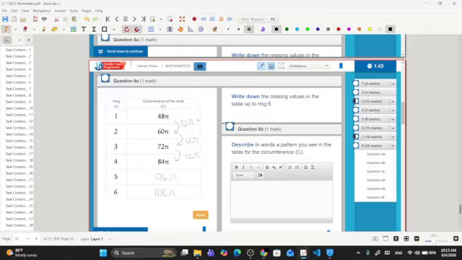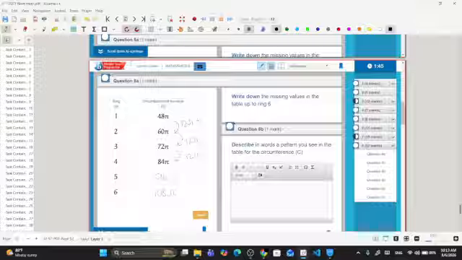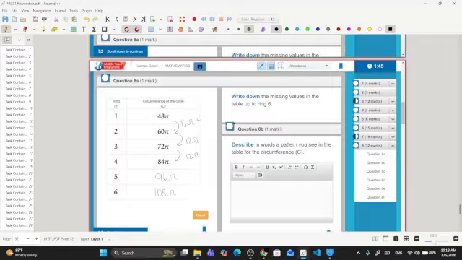Then we are told, describe in words a pattern you see in the table for the circumference C. Always remember that the first idea should always be term to term. So compare this with this. A comparison should be done.